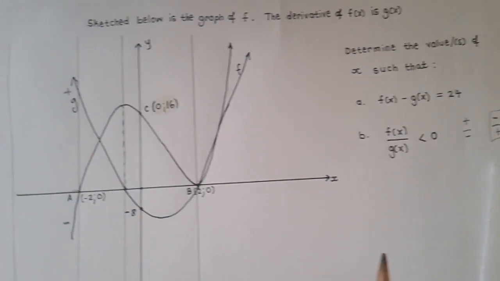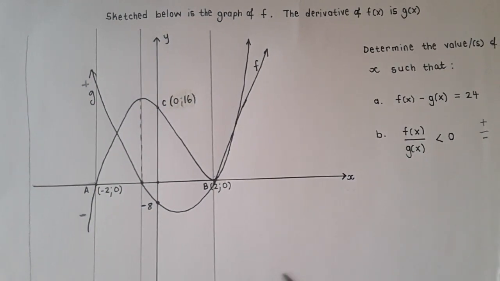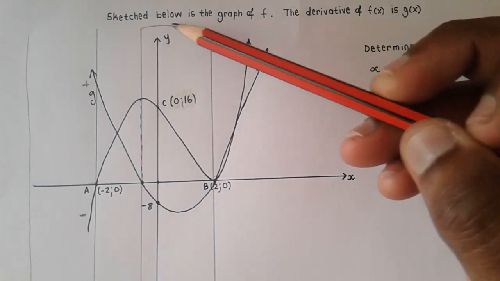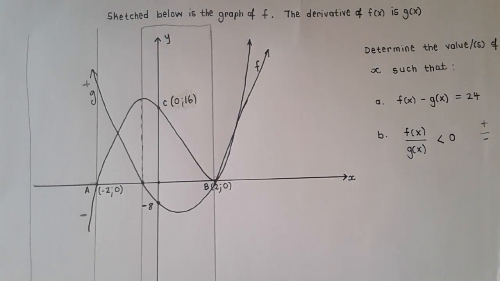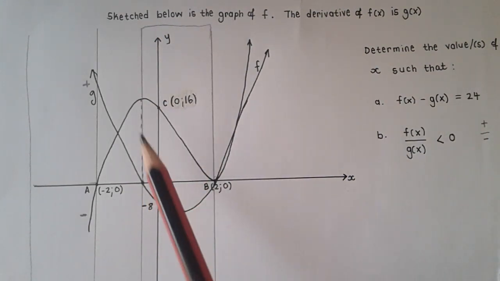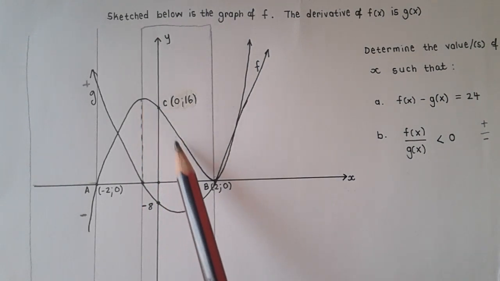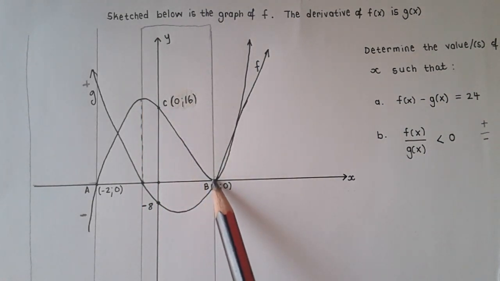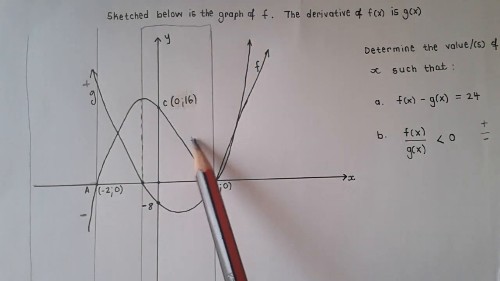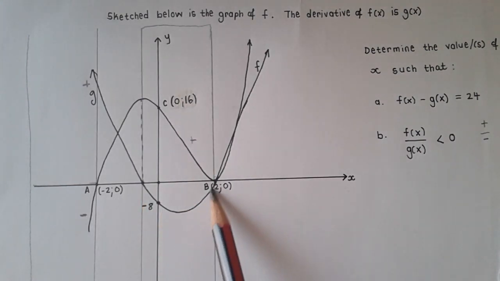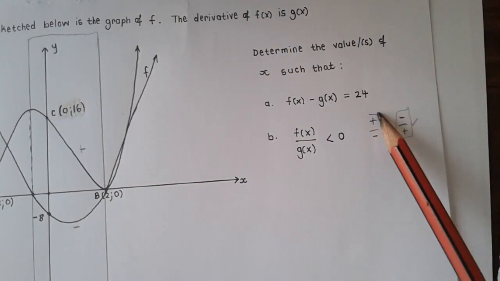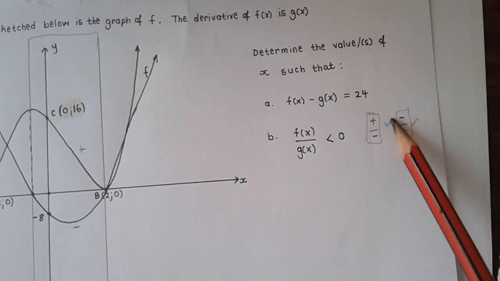And then we also identified this region. Why? Because in this region, f is above until it gets to that point. So f is positive and g is below, g is negative. So we basically have that condition.